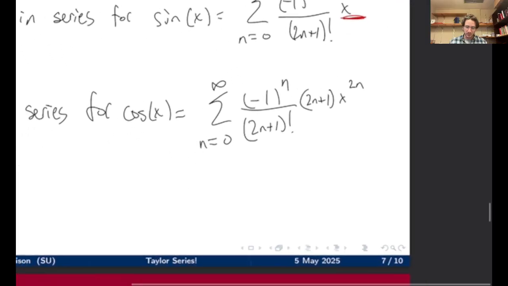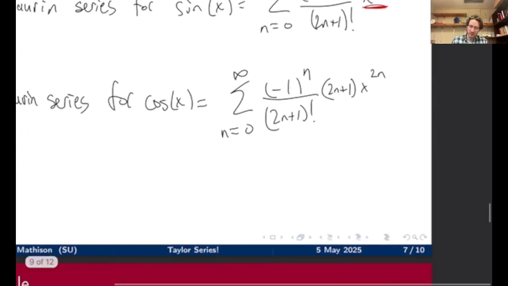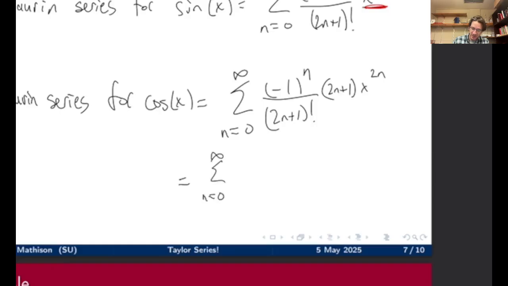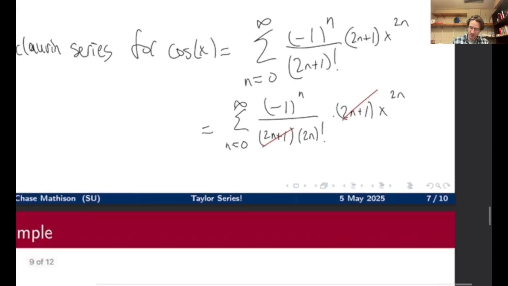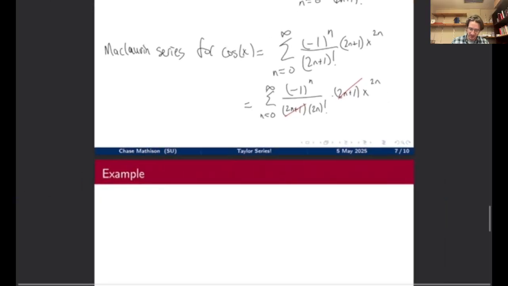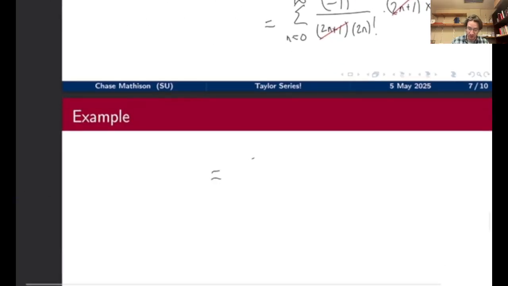Okay. So, do some simplification here. This is the sum n equals 0 to infinity of minus 1 to the n over 2n plus 1 times 2n factorial times 2n plus 1 times x to the 2n. Bingo. And we have our power series for cosine of x, our Maclaurin series.